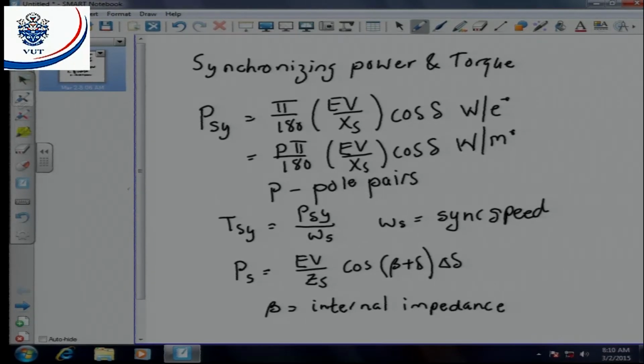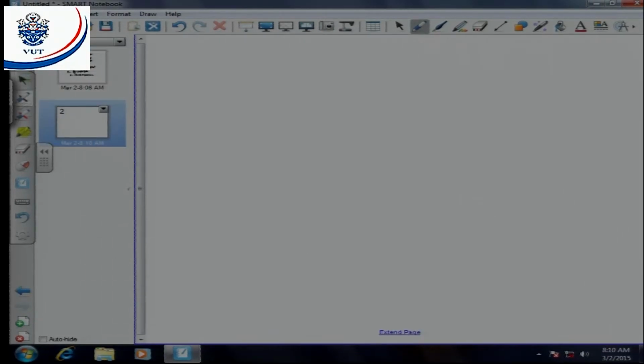Then if we differentiate it with respect to delta, we have EV over ZS sine beta plus delta.